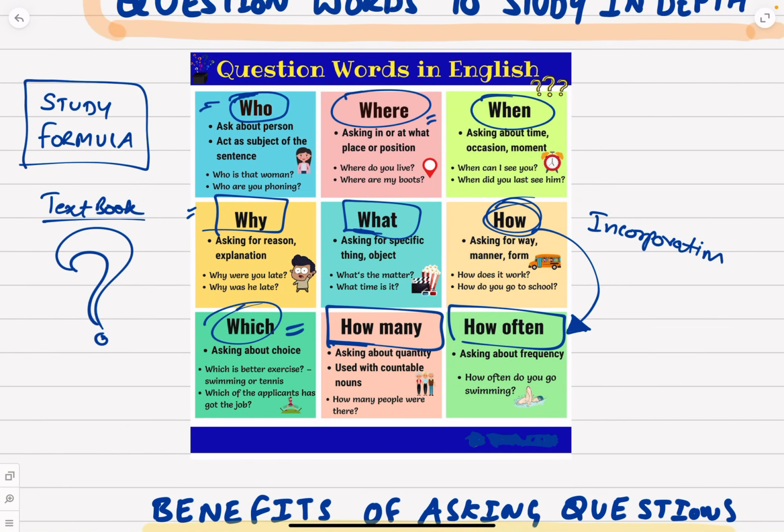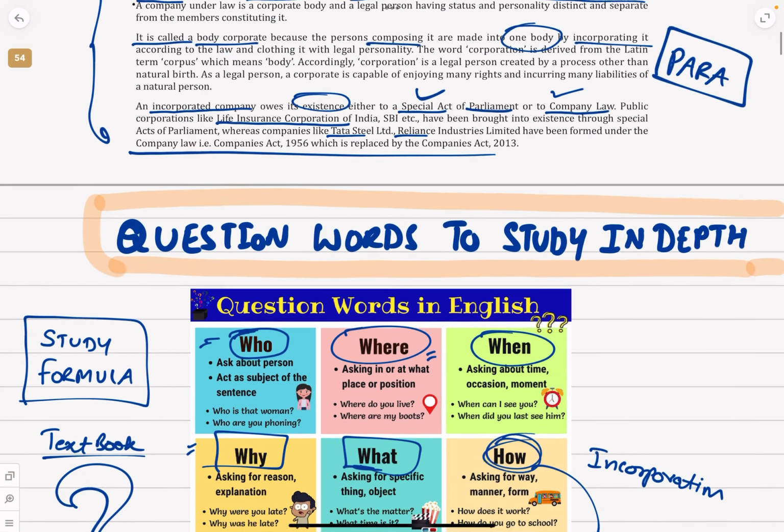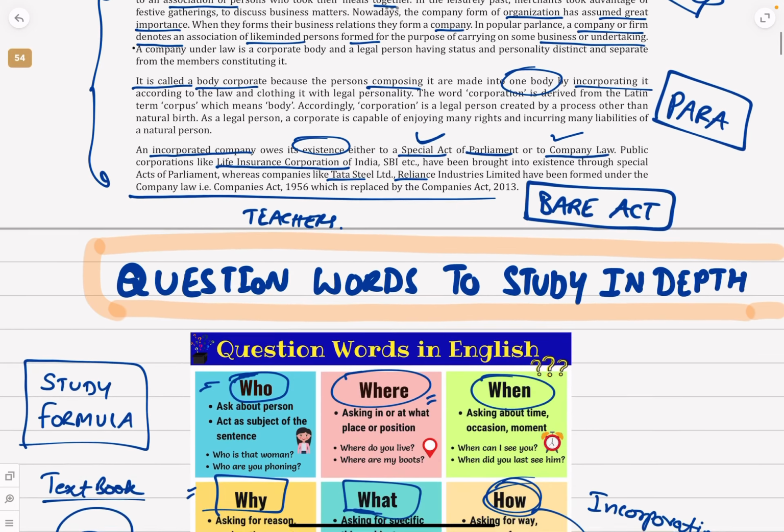Then we have which section is relating to incorporation of a company. So like that, when you ask questions, you will be probed to go deeper, look at other material, then refer probably to the bare act or the notes or the video classes and ask questions to your teachers. So all this is triggered by way of questions.